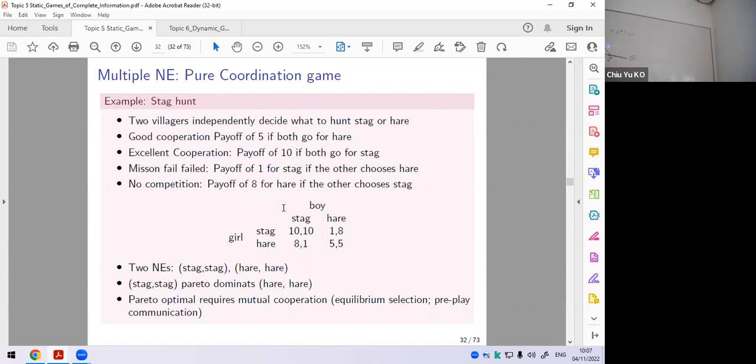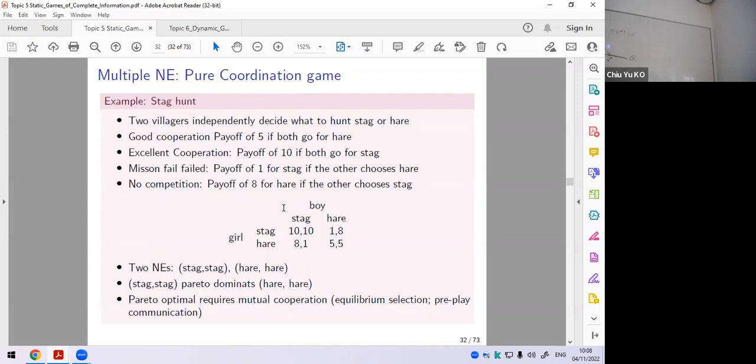You compare the row for the first coordinate, and the column for the second coordinate. So that is a simple comparison, and you can see that this equilibrium dominates this one. So you can see this is the result, and there are two Nash equilibria, one better than the other.